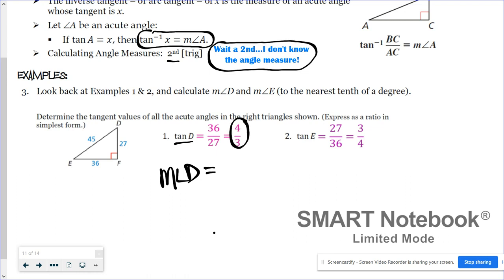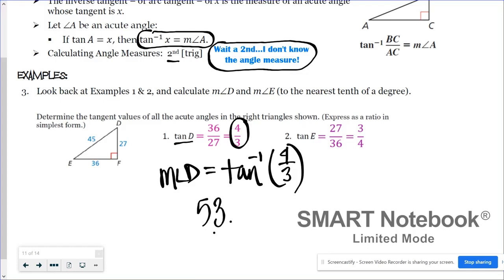So now the measure of angle D is equal to the inverse tangent of 4/3. Try that on your calculator right now. Second tangent 4/3. Did you get 53.1? If you didn't, you should probably try that again.